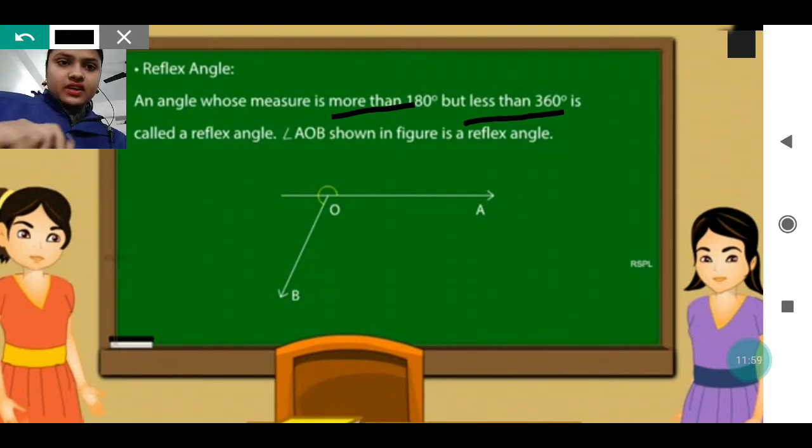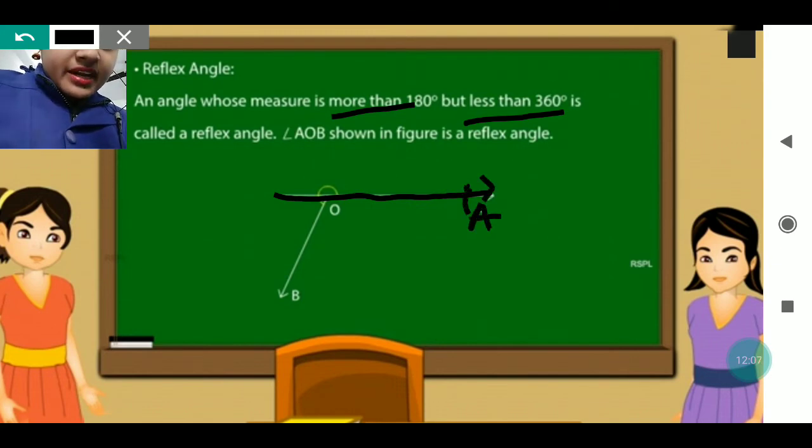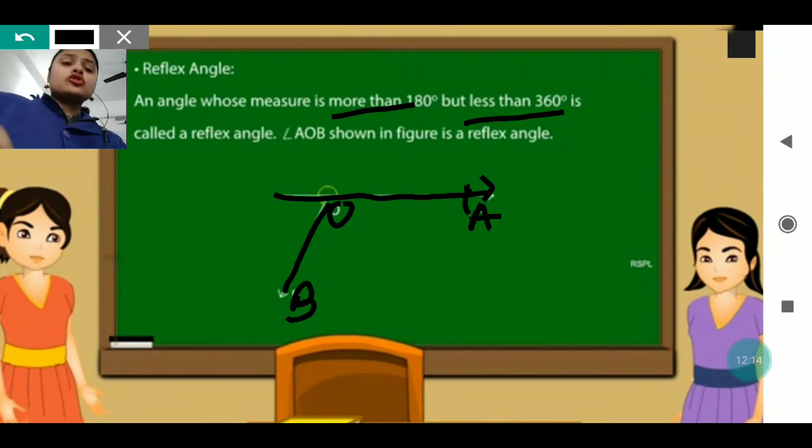Like you can see in this figure, one straight line is drawn like this, and the name of this point is given as A, here in the middle the name is given O, and on this side the name is given B. The ray A and the ray B both are meeting at a point, that is O, and they are forming an angle that is more than 180 degrees but less than 360 degrees.